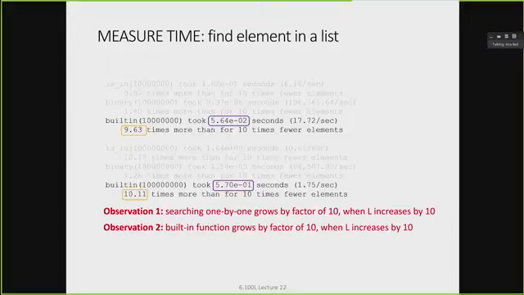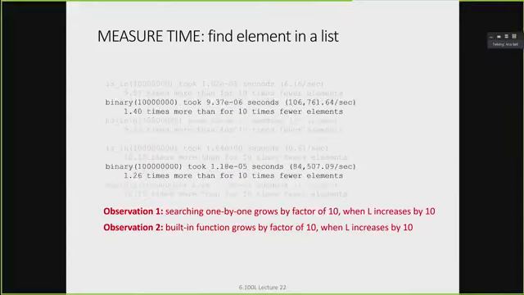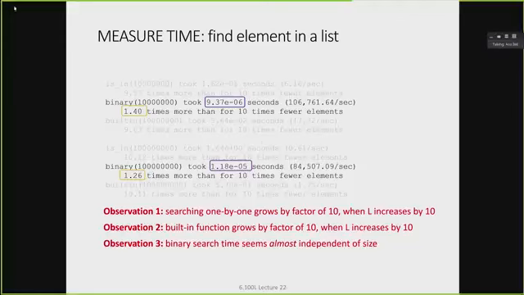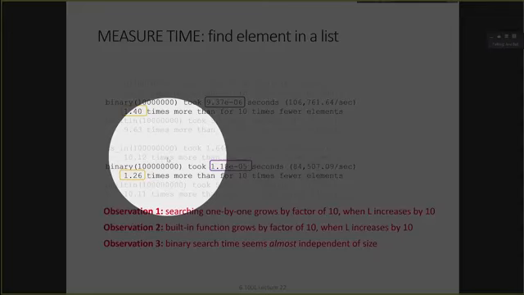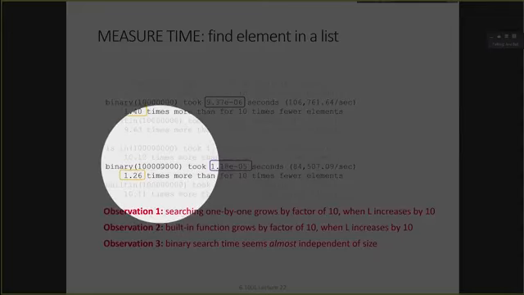Okay, so those seem to have approximately the same performance. Now, what about the bisection search or binary search? Well, this one is not so clear. If we look at the input, the input clearly increases by 10 from here to here.